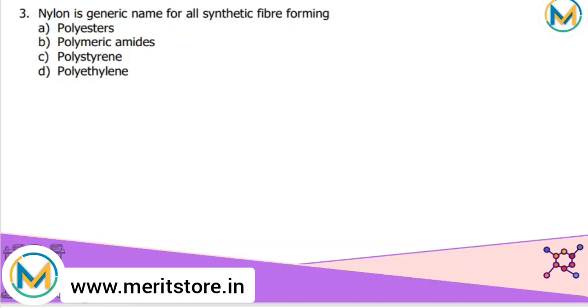So first of all, we know that nylon is a generic designation for a family of synthetic polymers composed of polyamides, that is, a repeating unit linked by amide links. Nylon is a thermoplastic, silky material that can be melted and processed into fibers, films or shapes. So the correct answer is B, that is polymeric amides.